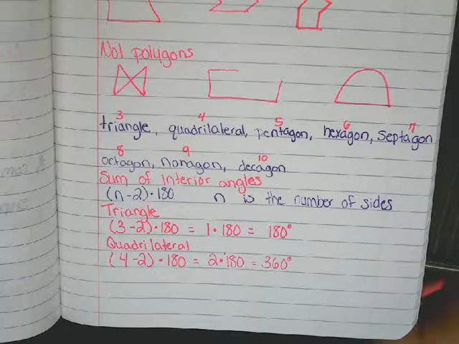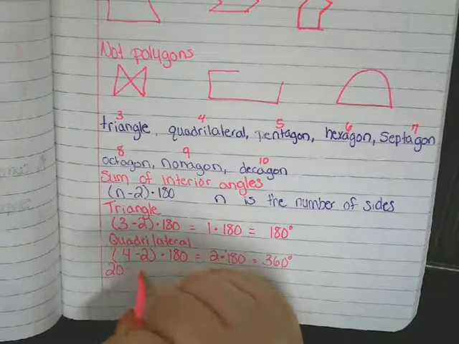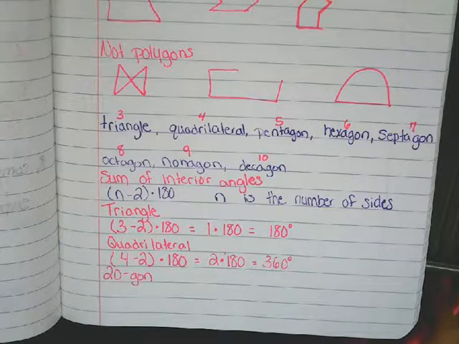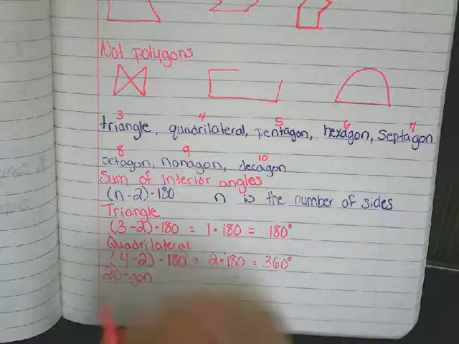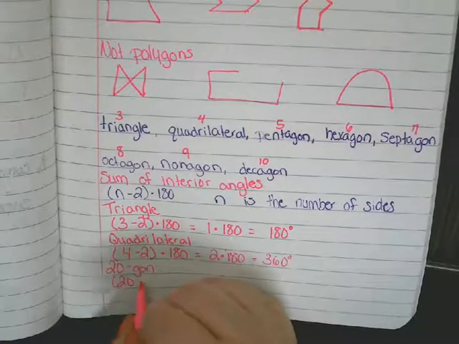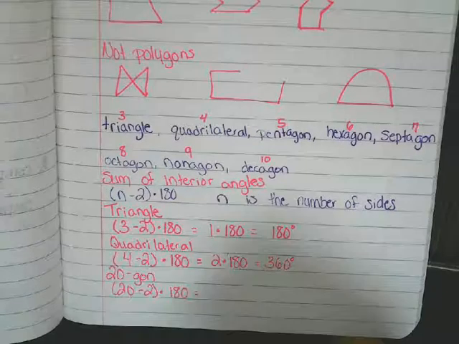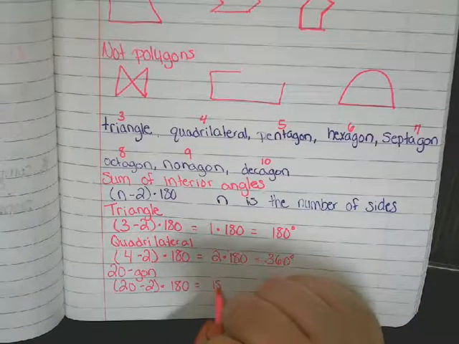So let's look at one you don't know how many degrees are in it. So let's try a 20-gon. So what am I going to do to solve it? Okay, so in parentheses I'm going to do 20 minus 2 times 180. So what's 20 minus 2? 18. So let's take 18 times 180. So I'm going to do it on the side here.